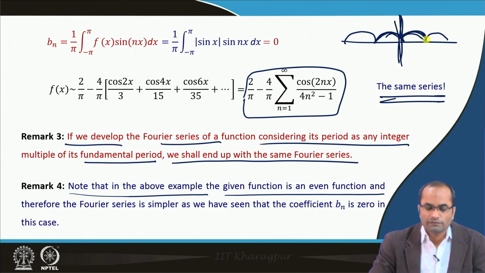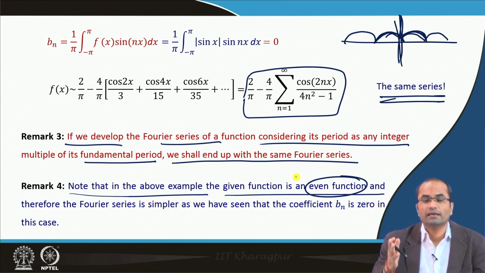For the even function, when we are computing b_n, b_n involves f(x) and sine. Sine is an odd function and f(x) is an even function. So, the product, sorry, the product is an odd function, because we have the even and odd. So, the product will be odd.